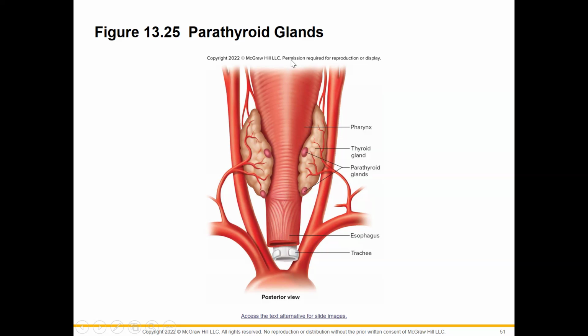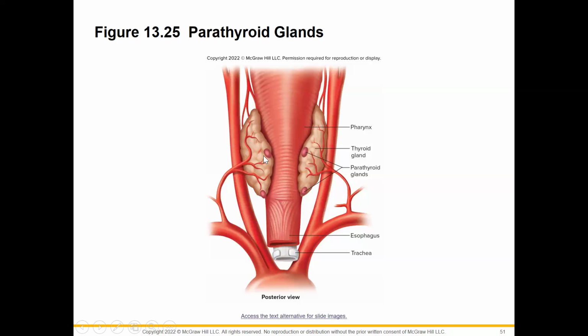And the pharynx sits posterior to the trachea, and the thyroid sits anterior to the trachea. So it's thyroid, and then posterior to that is the trachea, and then posterior to that is the pharynx. And so now you see that the thyroid, even though it starts off in front of all of these structures, it wraps around where it's toward the back.